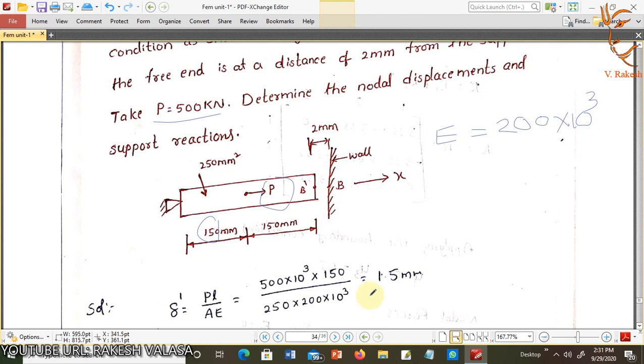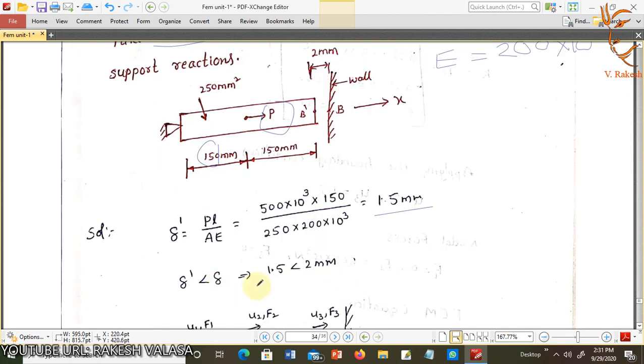It gives the answer 1.5 mm. This new displacement is less than the given displacement, that means delta dash less than delta, that means 1.5 less than 2 mm. So at node 3 the displacement is 1.5 mm.